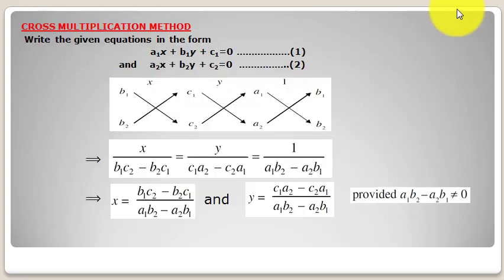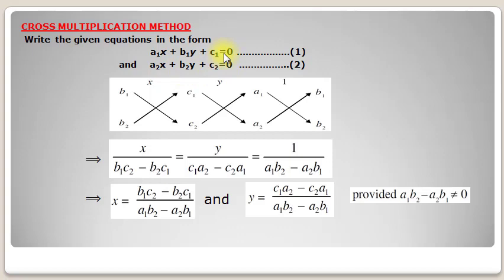So let us understand what the cross multiplication method of solving a pair of linear equations in two variables is. If we are given a pair of linear equations in the standard form a1x plus b1y plus c1 equals 0 and a2x plus b2y plus c2 equals 0, then it is okay.